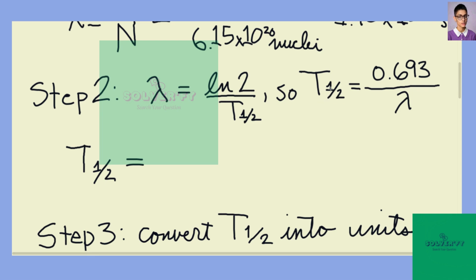So we can rearrange our factors and divide the numerical approximation of the natural log of 2 by our lambda that we solved for in the previous step. Doing this, we find that the half-life in seconds of our sample is 3.55 times 10 to the 18th.